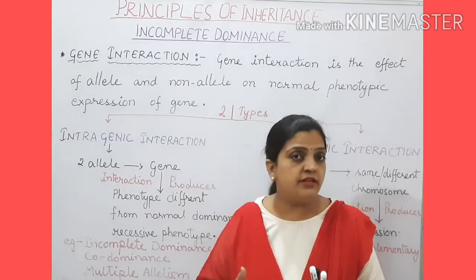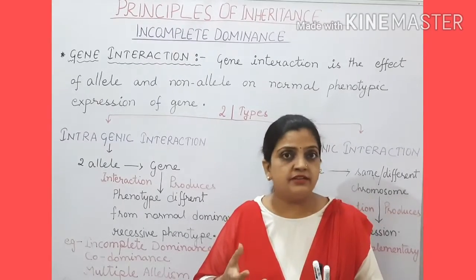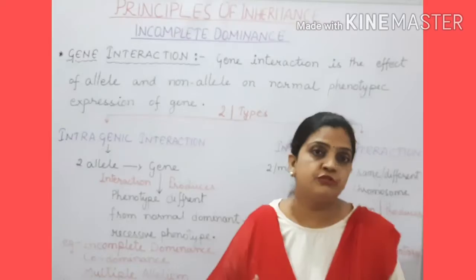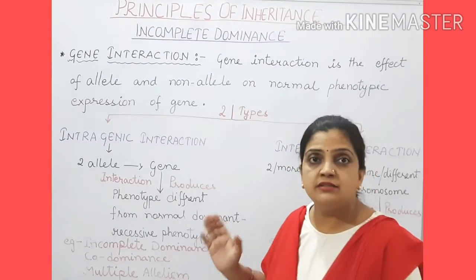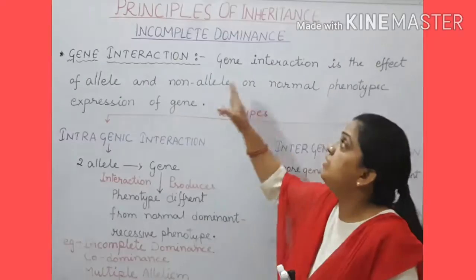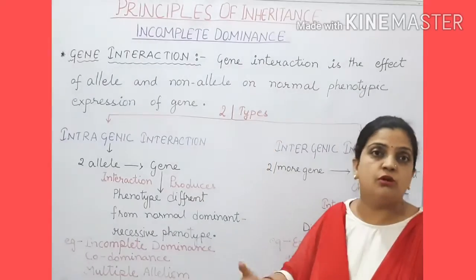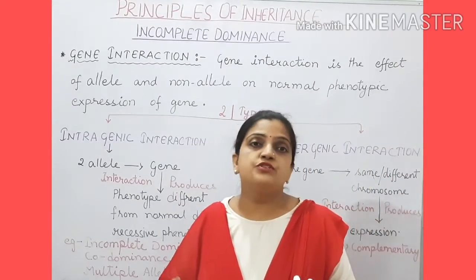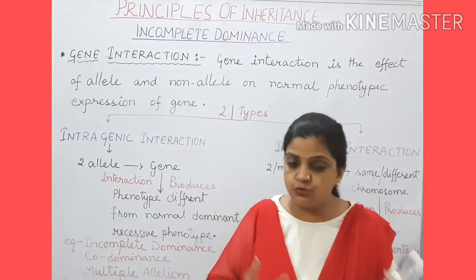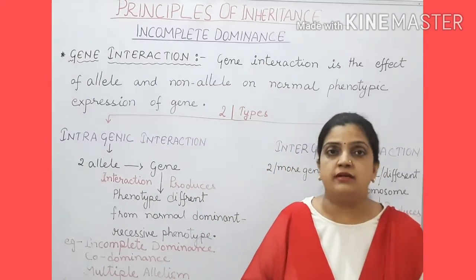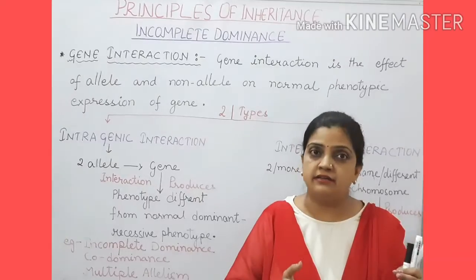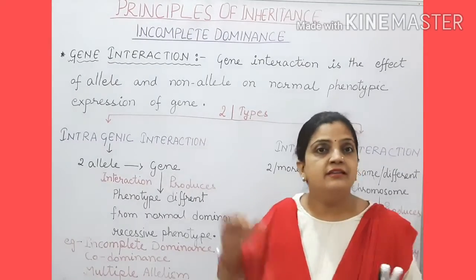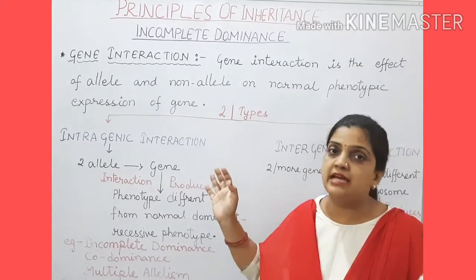These concepts are very basic but very important to understand before examples like incomplete dominance, codominance and multiple allelism. These are all exceptions to Mendel's experiment. The result Mendel gave in the F1 generation gets deviated from the actual result.